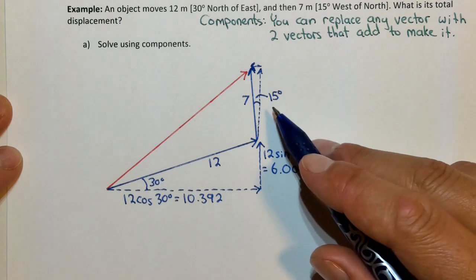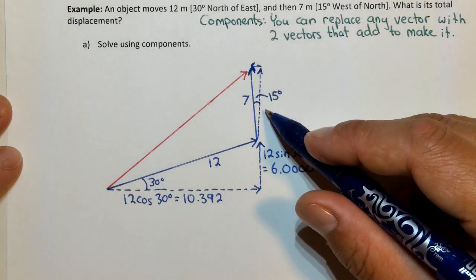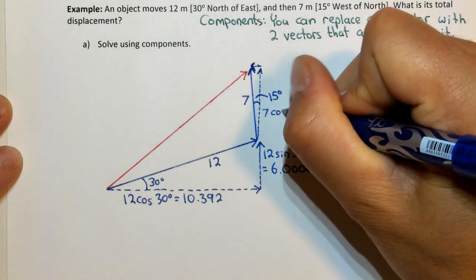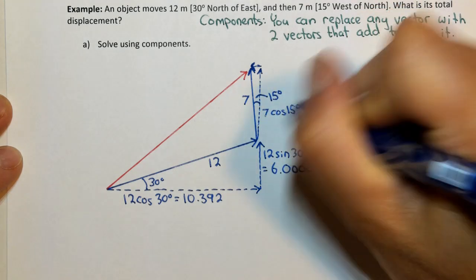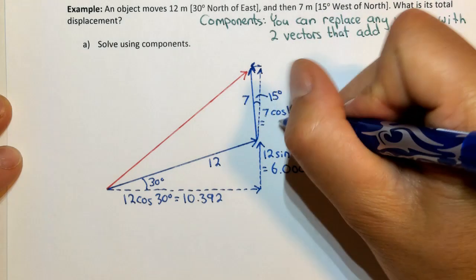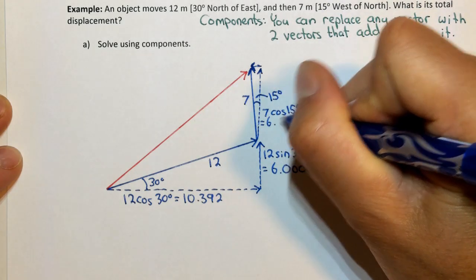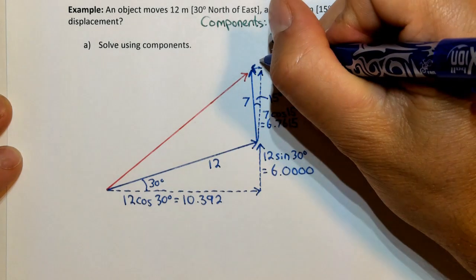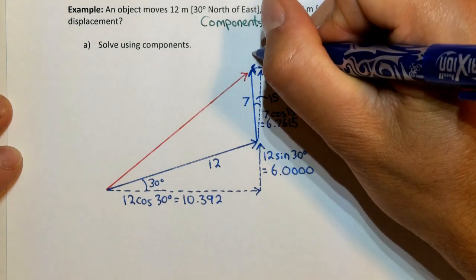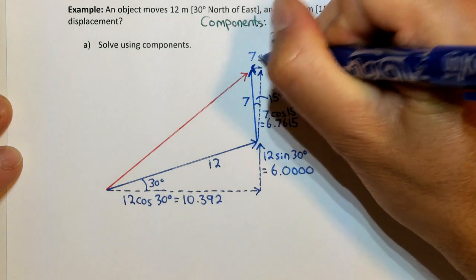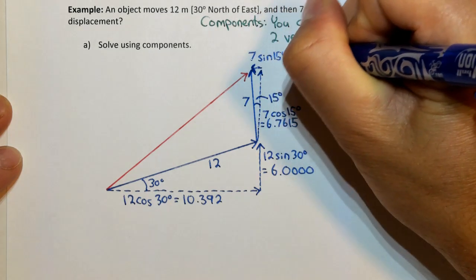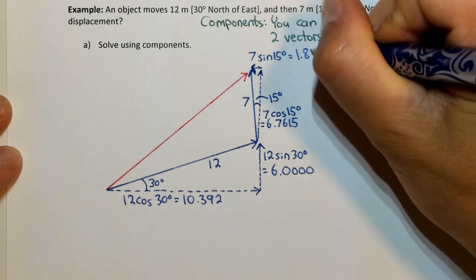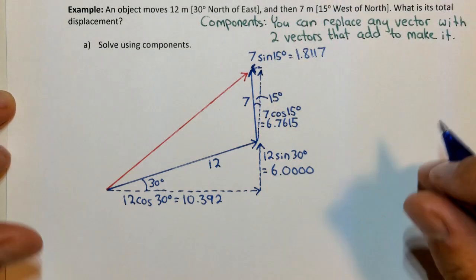This vector in the y direction is going to have a magnitude of 7 times cosine of 15 degrees, or 6.7615. And this vector here is going to have a magnitude of 7 sine 15 degrees, or 1.8117.